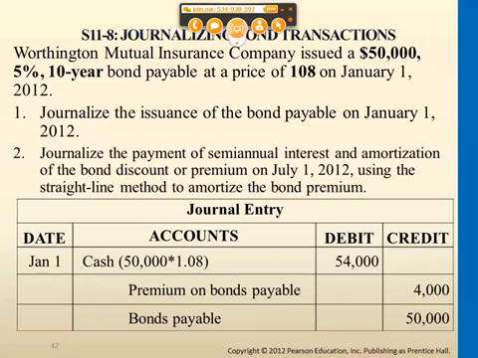Okay, so next entry for semi-annual interest. First of all, how do we calculate cash interest? We use the face value, always the face value of the bond, times the interest rate, which is 5%, right? Given to you in the problem, and then times 6/12.